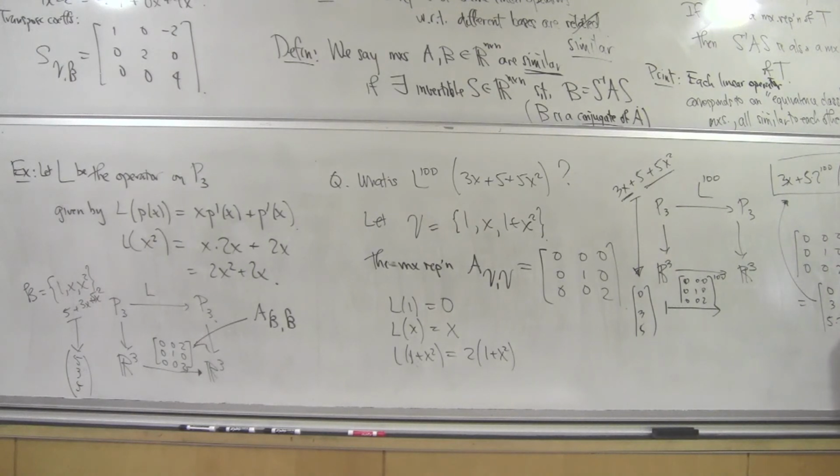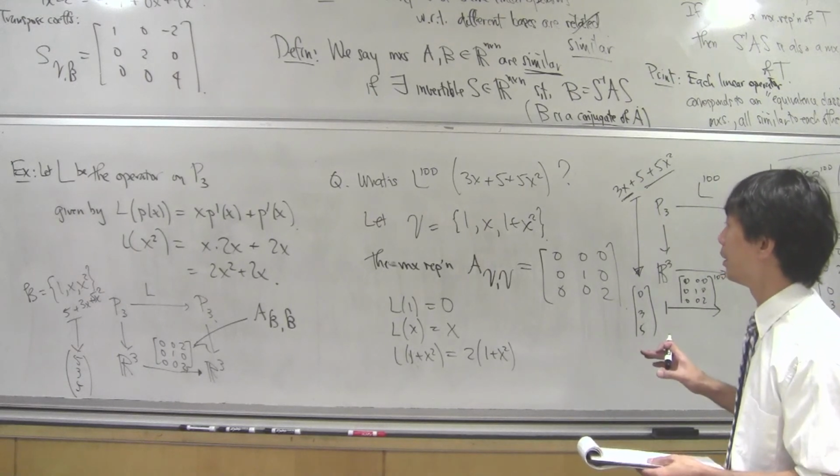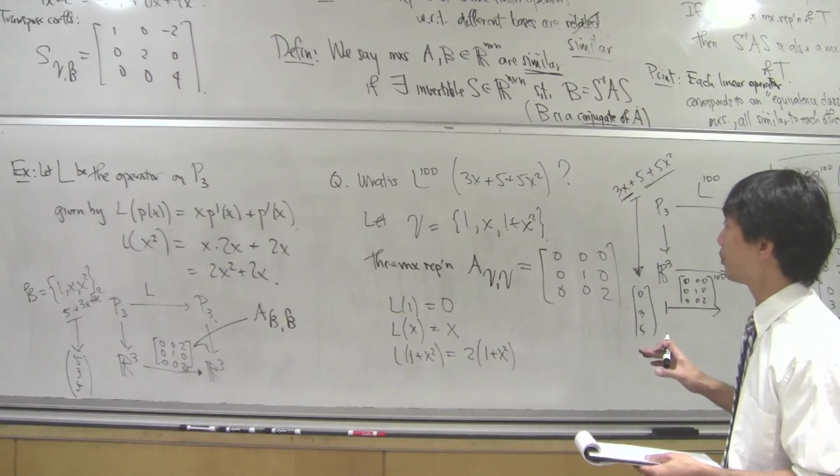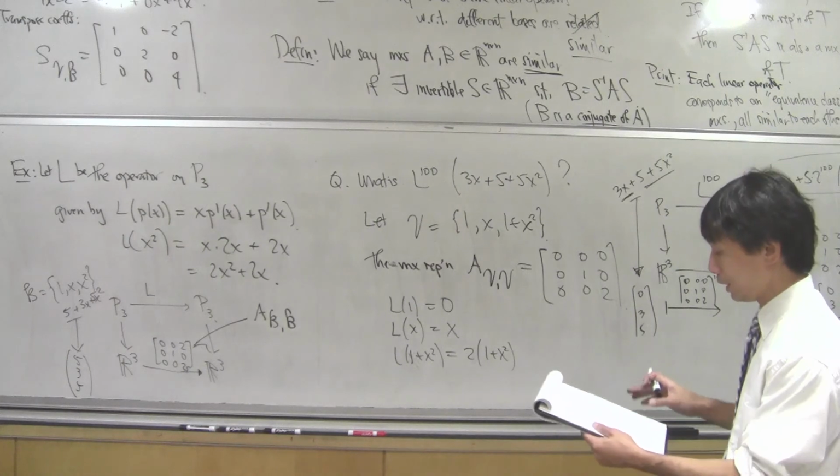Okay, I think I went through this too quickly. Over there, you did L of 1 is 0, and then L of x equals x. If we're doing that, L should be x times P prime of x plus P prime. P prime is 1, x plus 1. Oh, yeah, that's right.